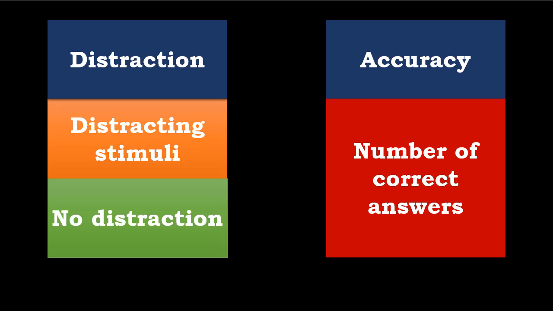So they have distracting stimuli, let's say first, and no distraction second, or it could be the other way around. I will explain that later. But here we've got the same group of participants being exposed to the two values of the independent variable. Unlike the independent samples t-test or design, in which the participants are different. So a group of participants go to the distracting stimuli condition and the other group to the no-distraction condition.